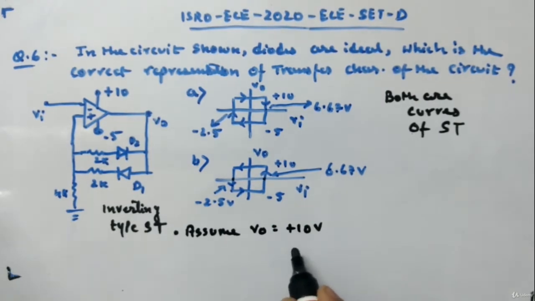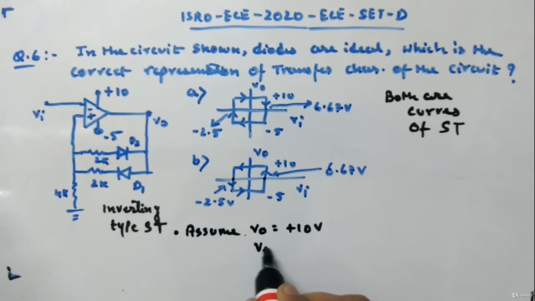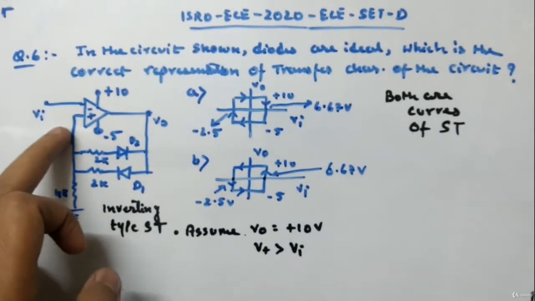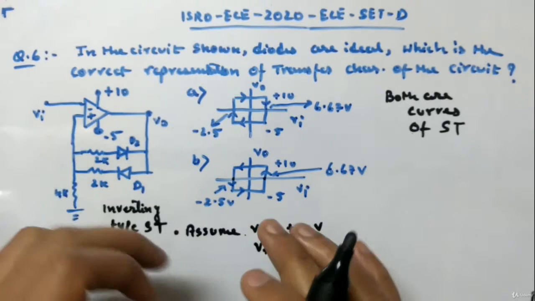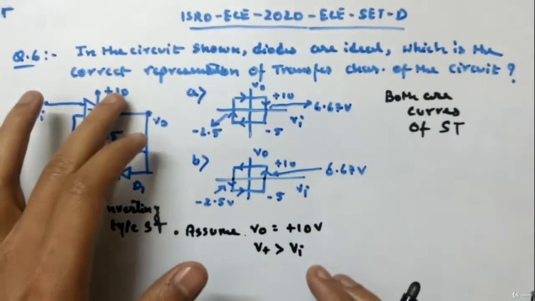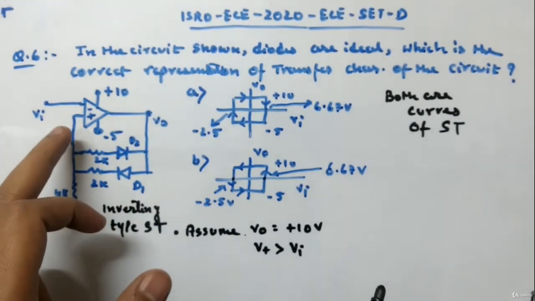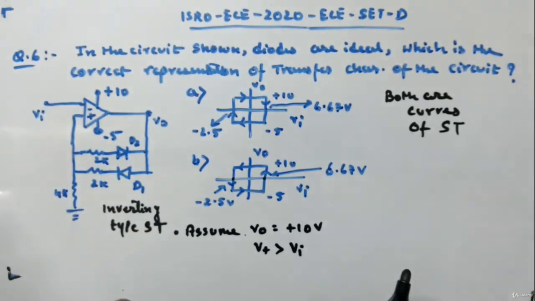If V0 is plus 10 volt, it means V plus would have been greater than V minus, or you can say Vi, since V minus is the same as Vi. So this terminal voltage would have been greater than this negative terminal, and that's the reason I am getting plus 10 volt.